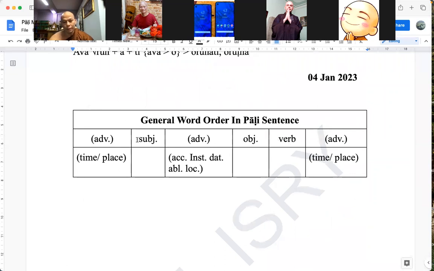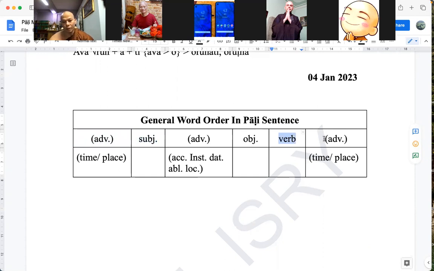The subject is at the very beginning of a sentence. Sometimes before the subject, an adverb of time or adverb of place can be seen, but mostly the subject is at the very beginning. And at the end of the line, we can see the verb.